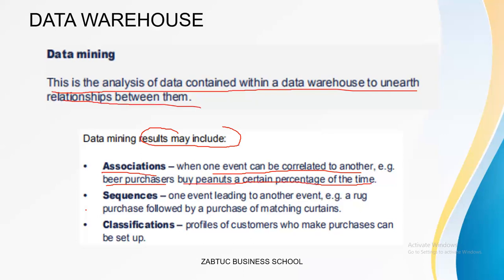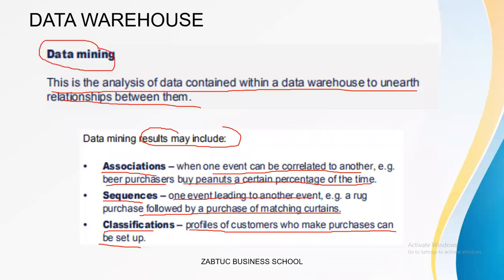Or the relationship you can see is a sequence, one event leading to another, e.g., a rug purchase followed by purchasing of matching curtains. Classifications: profiling of customers who make purchases can be set up. So data warehouses become more meaningful when you combine them with data mining facilities.